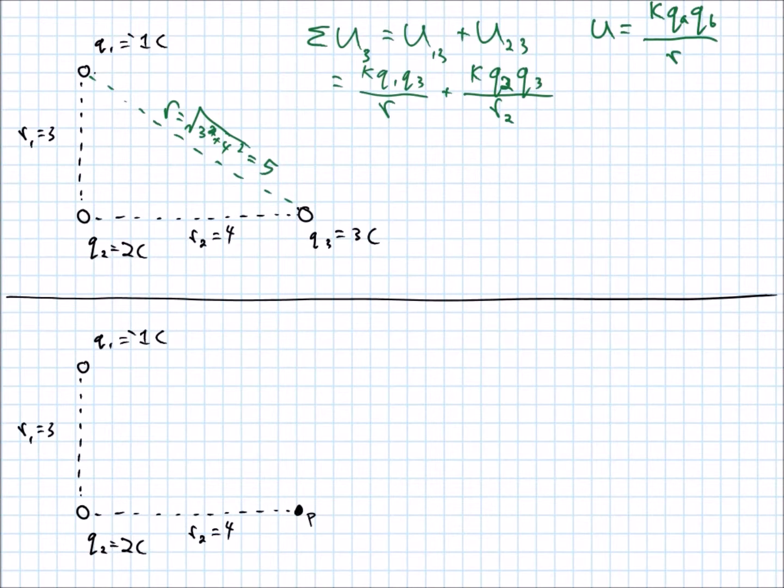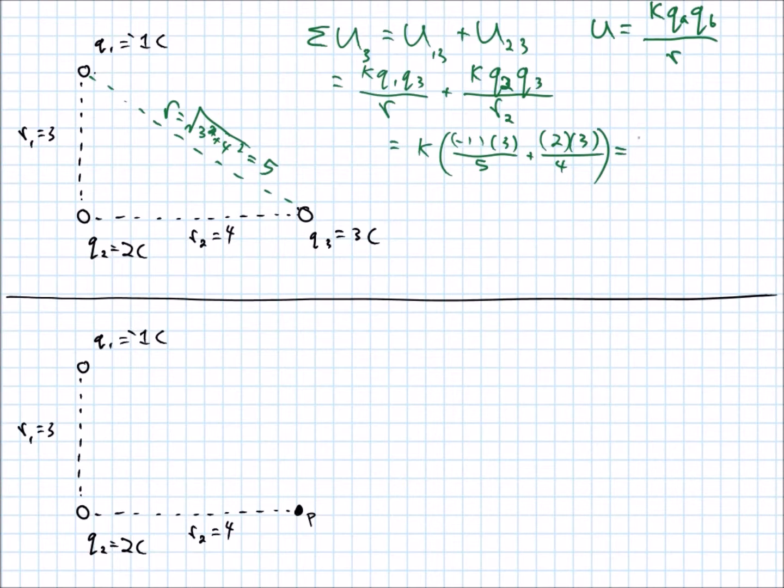I'll pull out the K, and we've got Q1 is -1 times Q3 is 3 over 5, plus Q2 is 2 times 3 over 4.